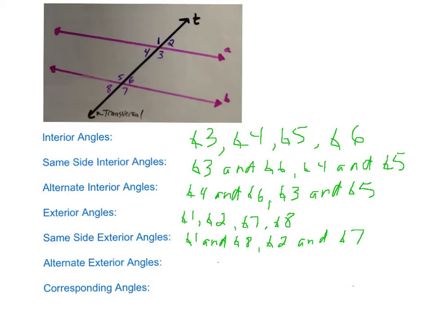Looking at alternate exterior angles, you're looking at angles that are outside of lines A and B, and they're on alternate sides of the transversal. So an example of that would be angle 1 and angle 7. Another pair would include angle 2 and angle 8.